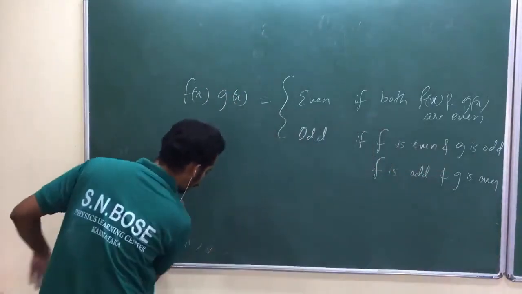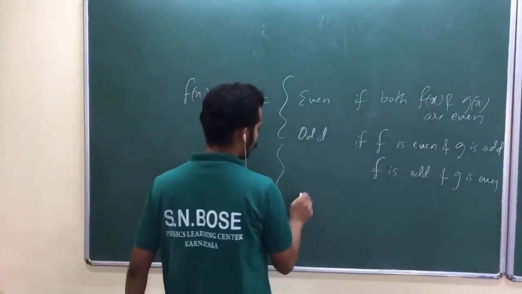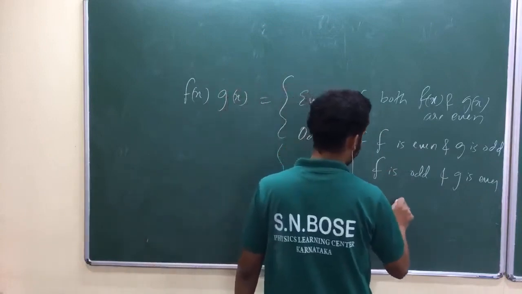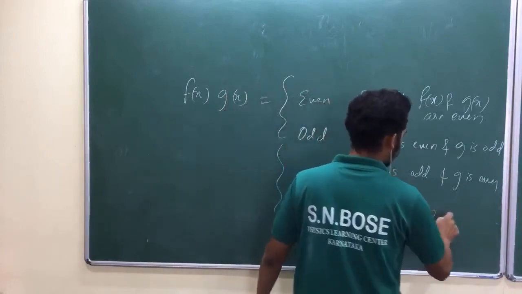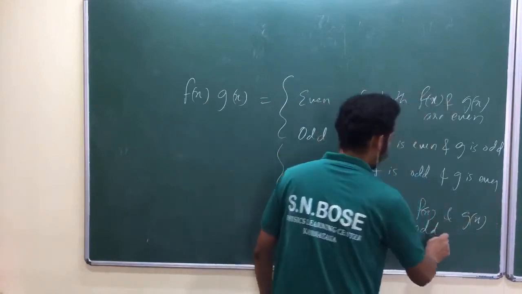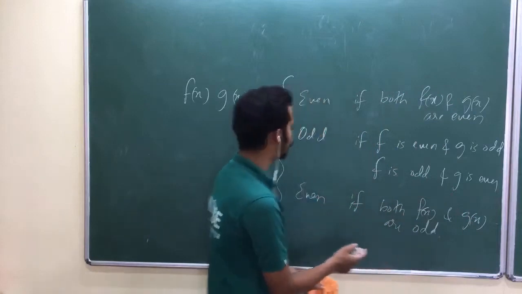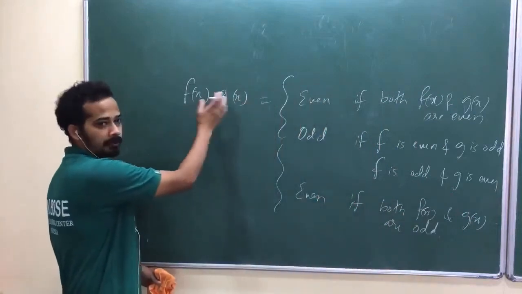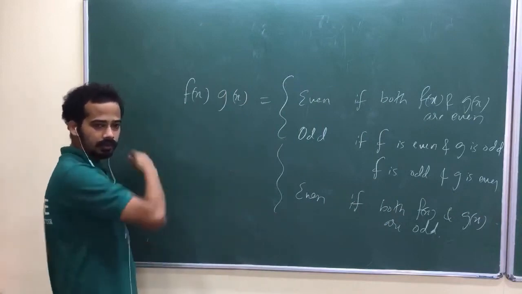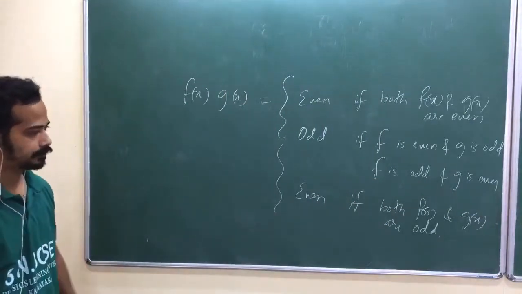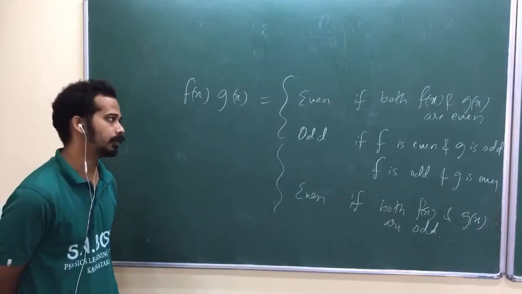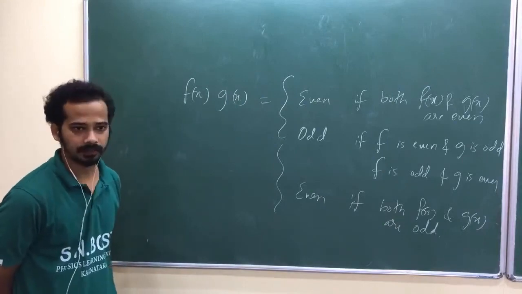So try to prove it like this. It is even if both f of x and g of x are odd. If both are odd, if you change x to minus x, both lead to a negative sign, so as a result a positive sign. If both are even, then the resultant function is even.